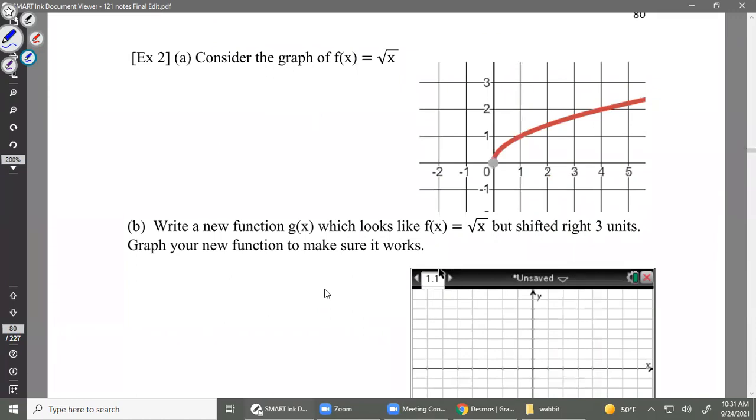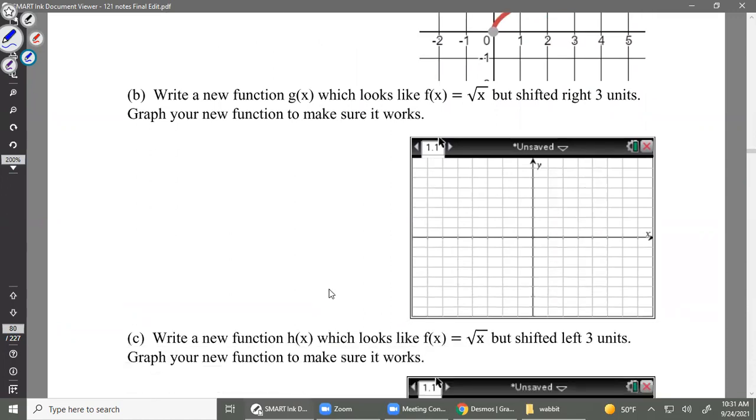Example 2, pretty much continue it from example 1. We have our square root of x. Write a new function g of x, which looks like f of x, the square root of x, but shifted to the right 3 units.